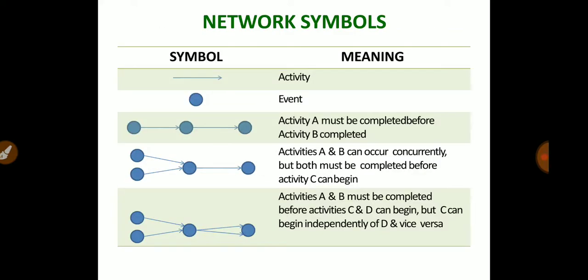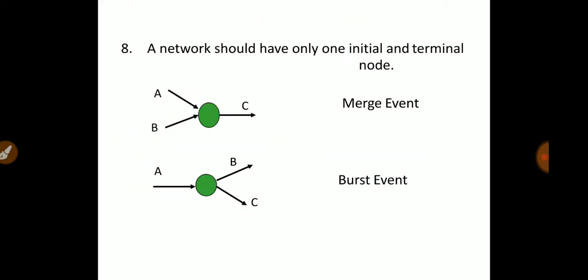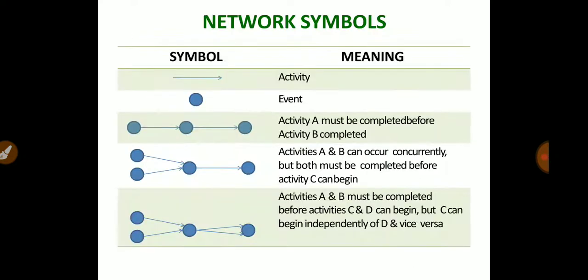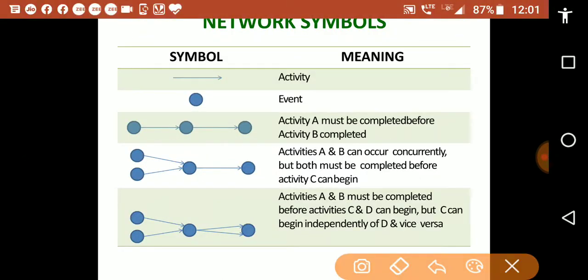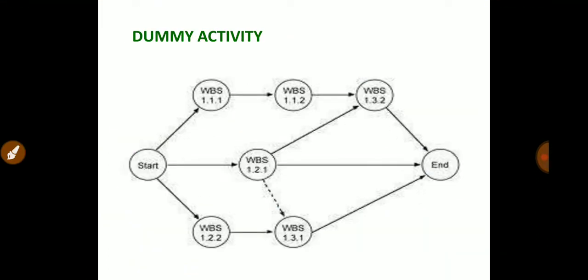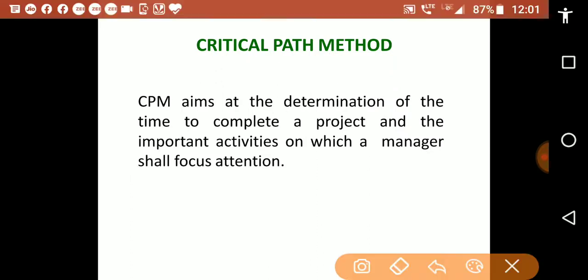We have also seen the different types of network symbols and their meanings, and we have also seen the critical path method.